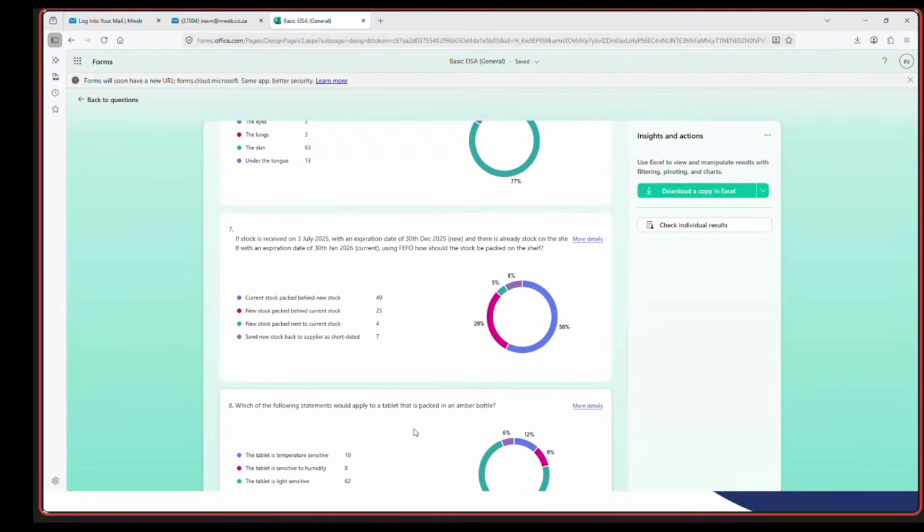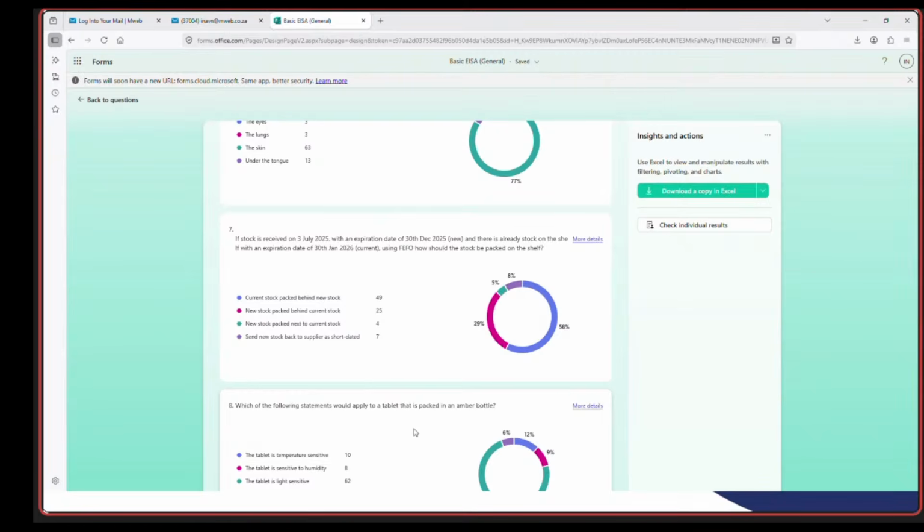Question number 7. If stock is received on the 3rd of July 2025 with an expiration date of 30 December 2025.